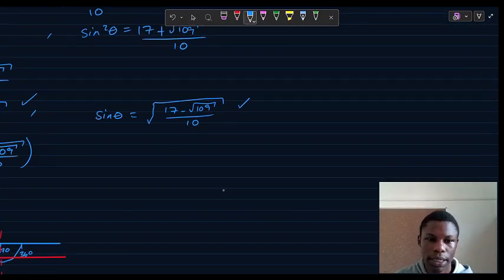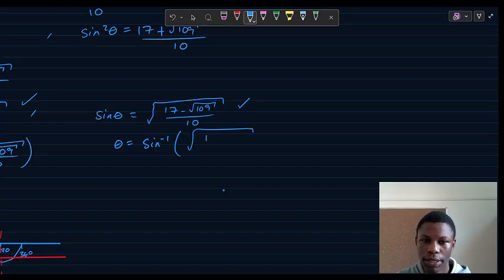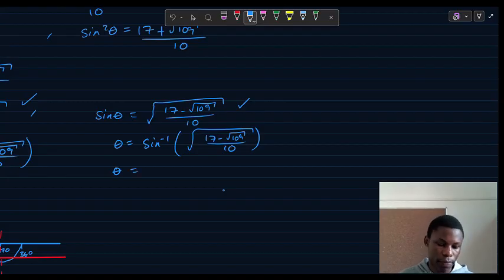So with this one here, we're going to say theta is arcsine of root 17 minus root 109 over 10. And this is 54.0881. Shocker.